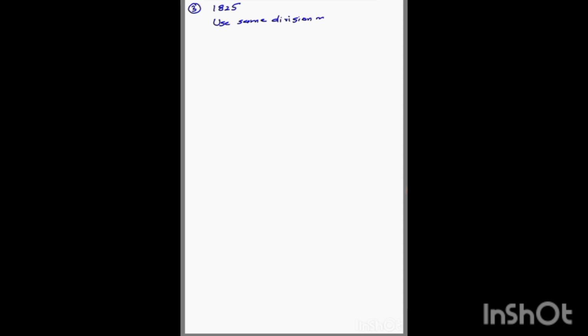Then we have to follow the same division method as we use to find the square root of any number. That means what is to be subtracted from 1825 to get a perfect square. So we are solving this.